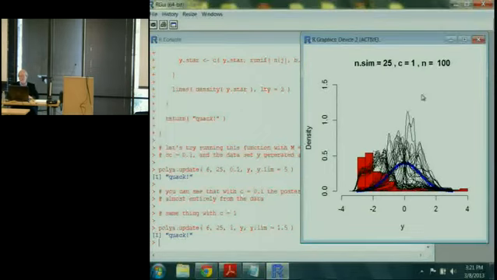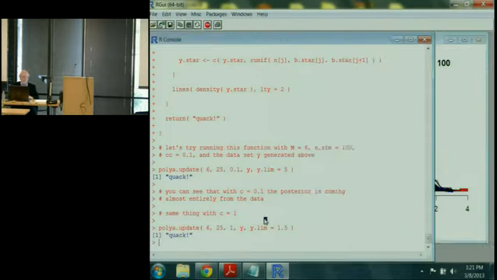So now with C equals 1 and N equals 100, how do you see things now? You would have expected on intuitive grounds that in comparison with the previous picture, the posterior would be doing what kind of movement? Away from the data and toward the prior, and you see it did. It's now almost halfway between the two.